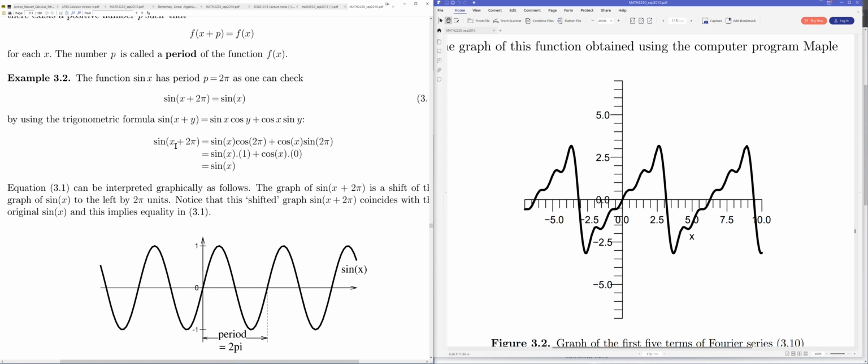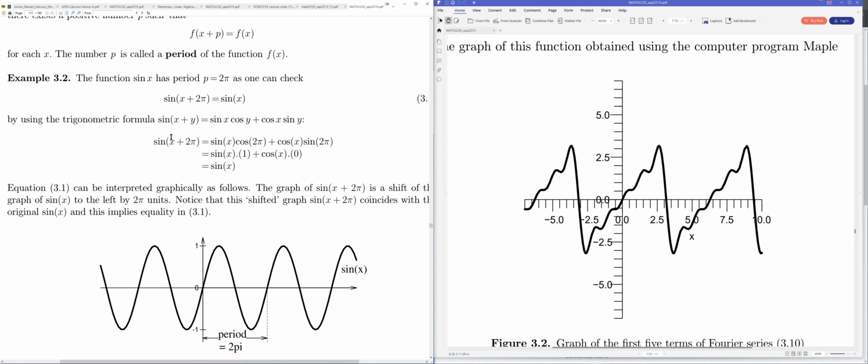If we use that here, what we get is sine x times cosine 2 pi plus cosine x times sine 2 pi. You should know that sine of 2 pi is equal to 0, and cosine of 2 pi is equal to cosine of 0, which is 1. So the cosine x term drops off, and all I'm left with is sine x times 1, which is sine x.